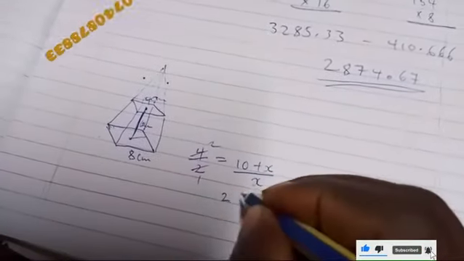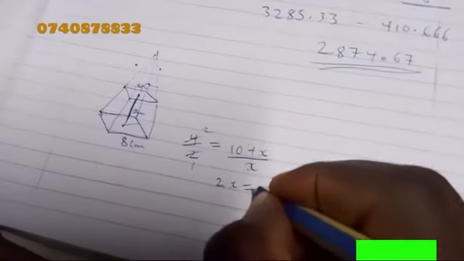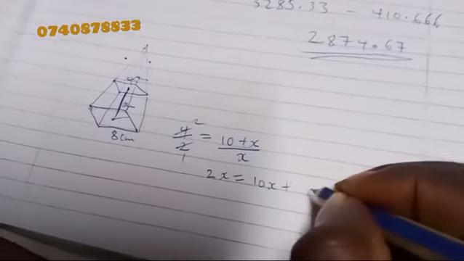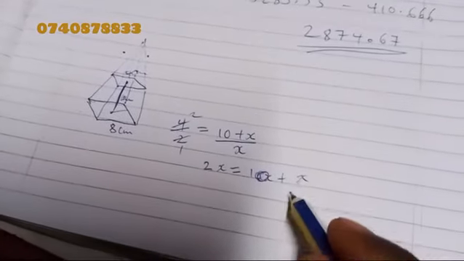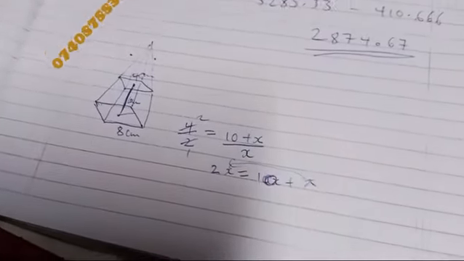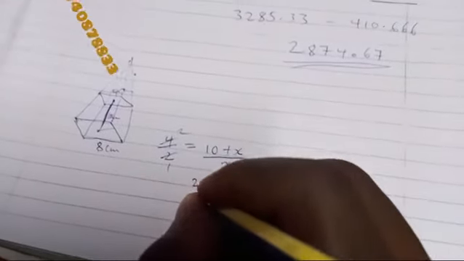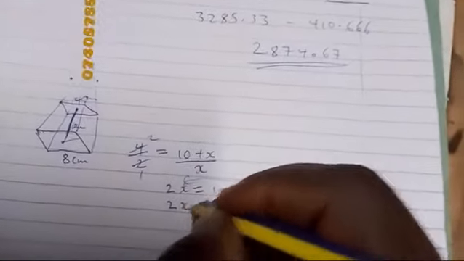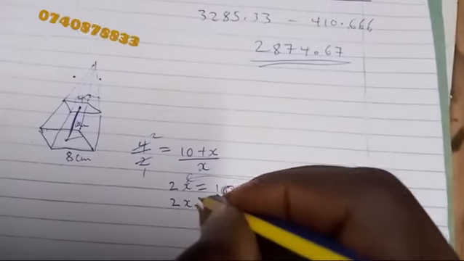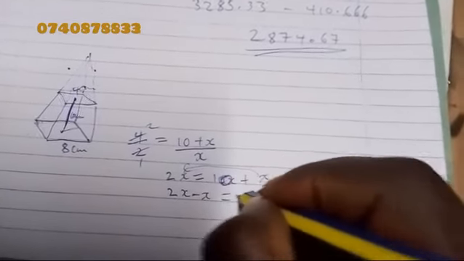So we have 2x is equal to 10 plus x. So let's take the x to the other side. Then we have 2x minus x is equal to 10.